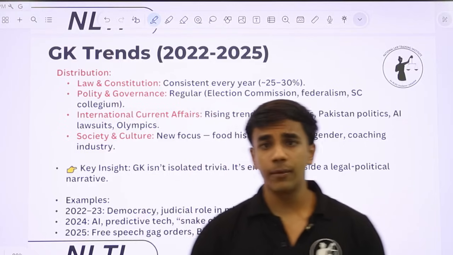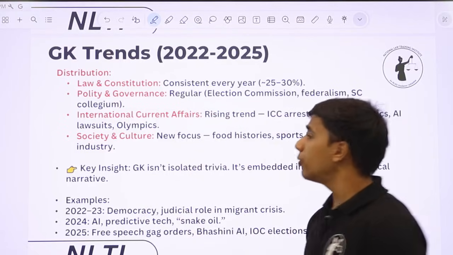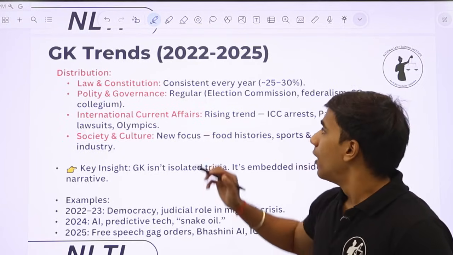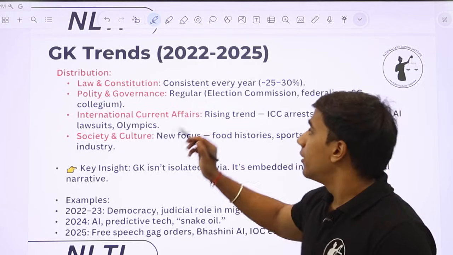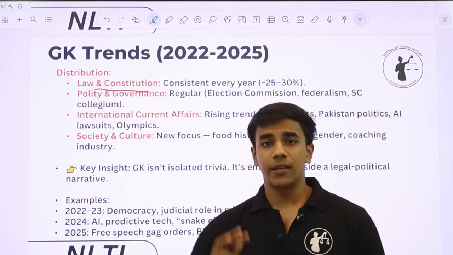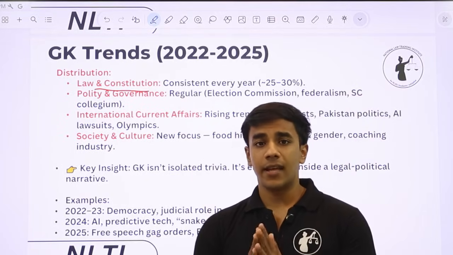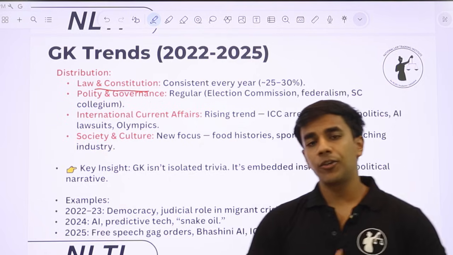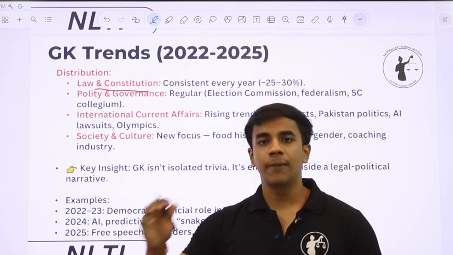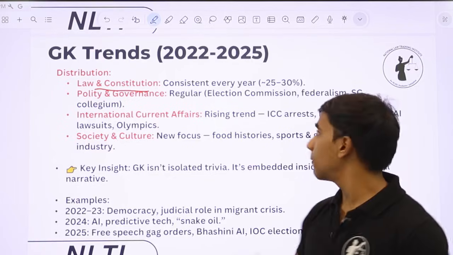Now, coming to a very important thing, we'll talk about the GK trends from NLSAT 22 to NLSAT 25 and what has stayed constant. Distribution: law and constitution. For every year that NLSAT has taken place, from NLSAT 22 to NLSAT 25, law, constitution, something related to the judiciary has always found a place in the paper.